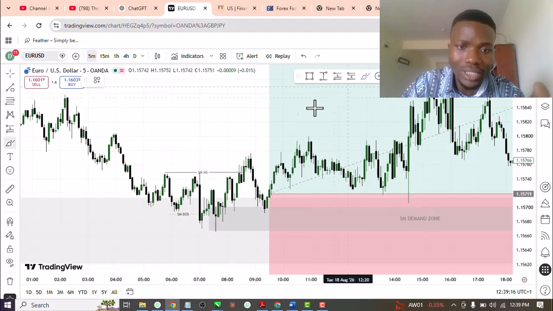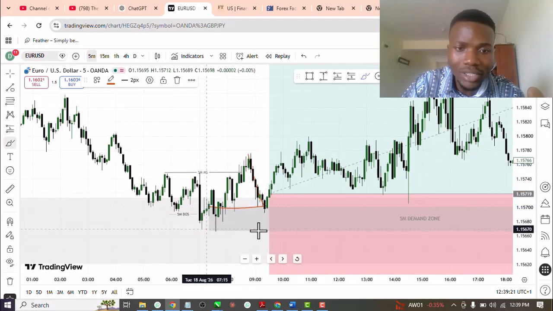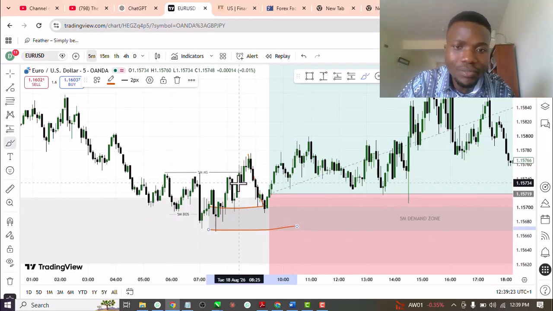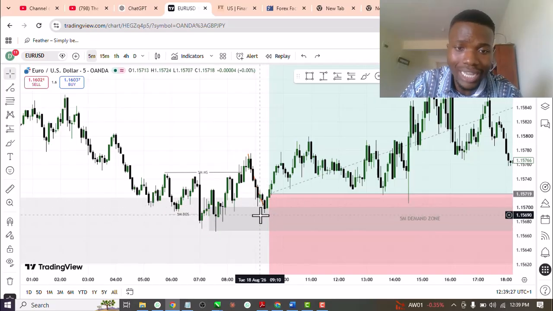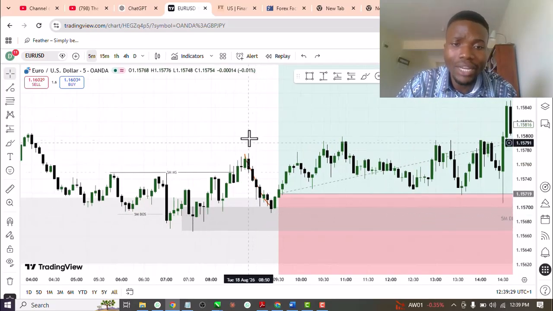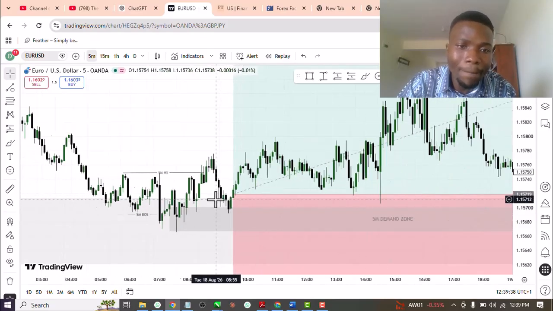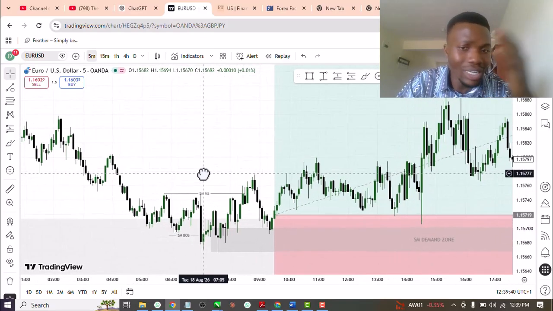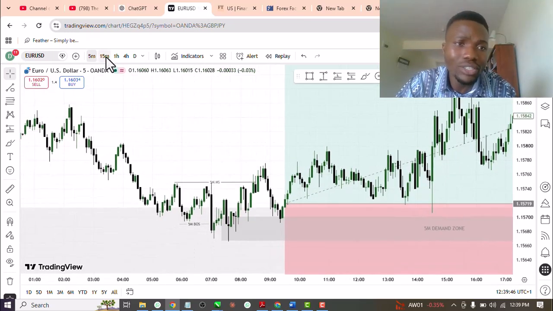So I waited for price to come and retest this 5-minute demand zone, and immediately from there I entered the trade. And another confirmation is that I see that there is a strong candle here. Can you see this particular candle here? This is a very strong buying candle, and that aligns with my trading process, and that is just how I took the trade.